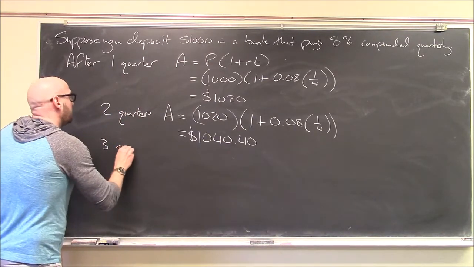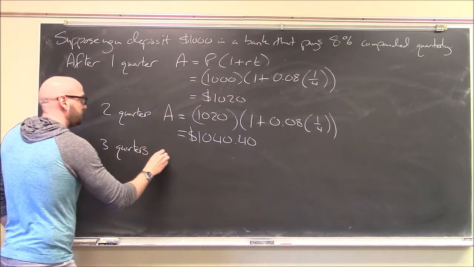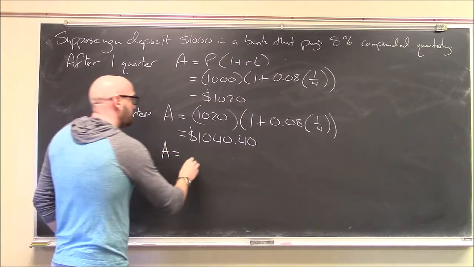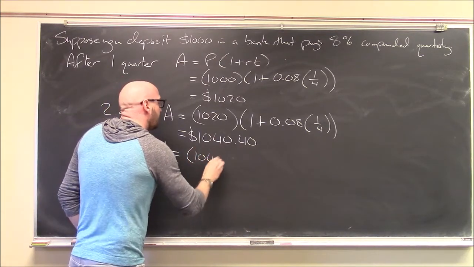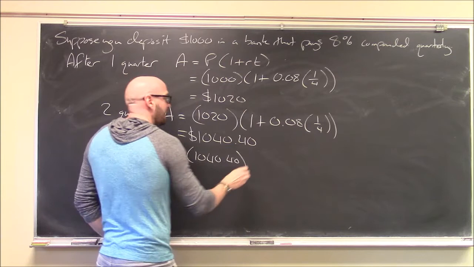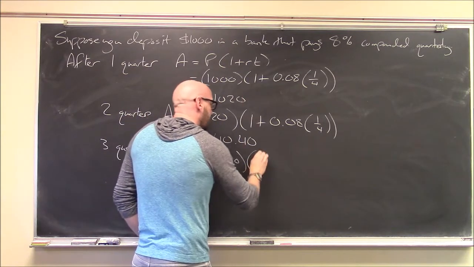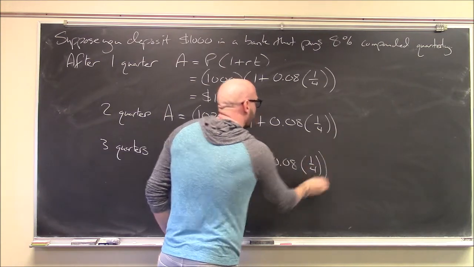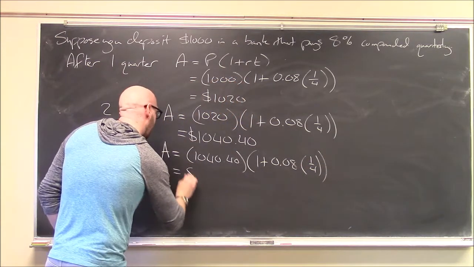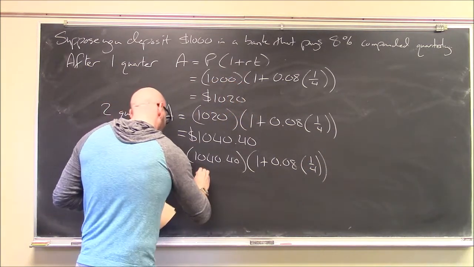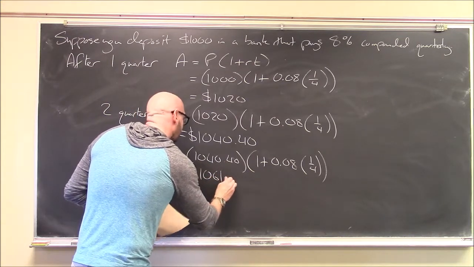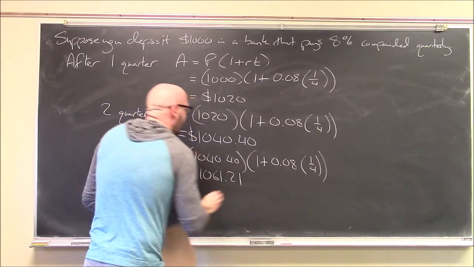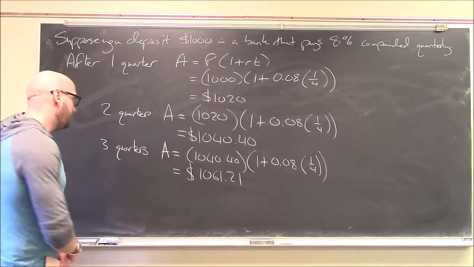So after 3 quarters, our principal is now 1,040.4 times 1 plus RT, this never changes, 0.08 times 1 quarter. This is now 1,061 and 21 cents. And we'll just go a full year here.